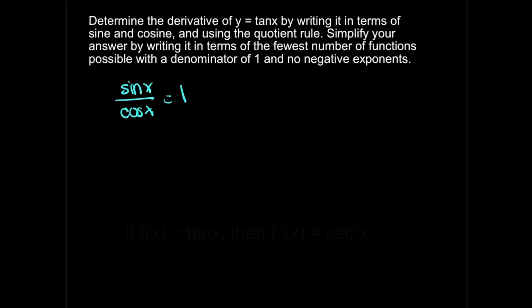that actually is equal to tan of x. So that's what we're going to use here. So we know that tan of x is equal to sine x over cosine x. So that would mean that in this case, y is equal to sine x over cosine x. So now we can use our quotient rule.